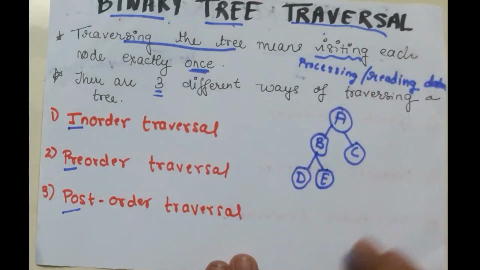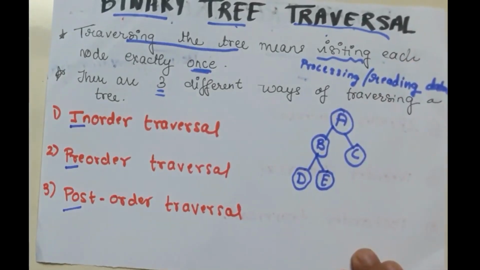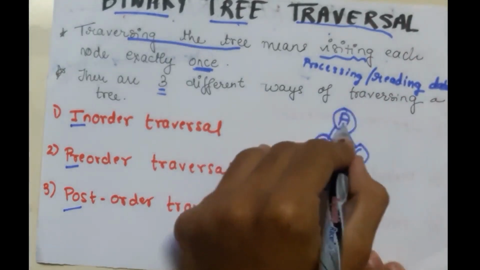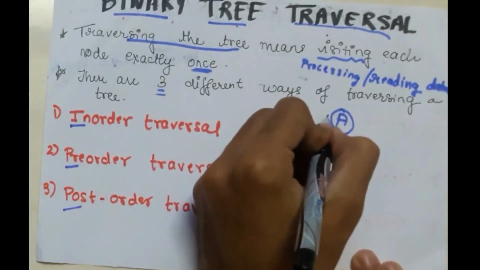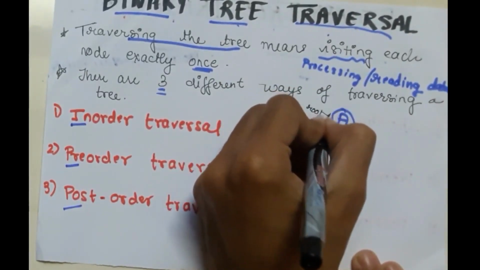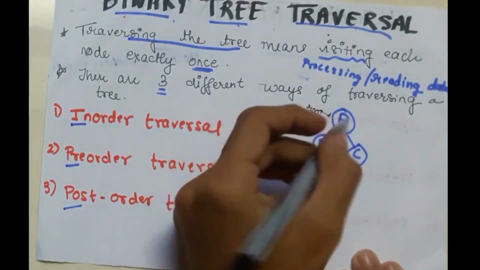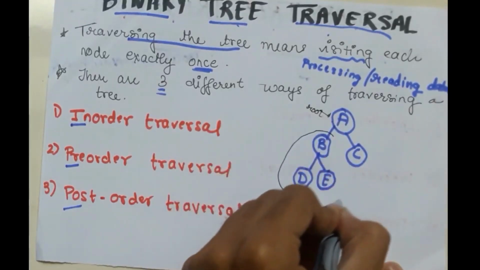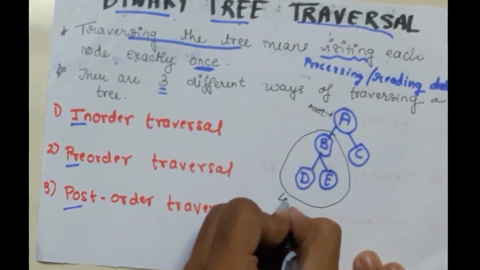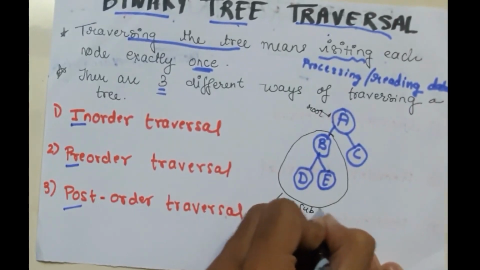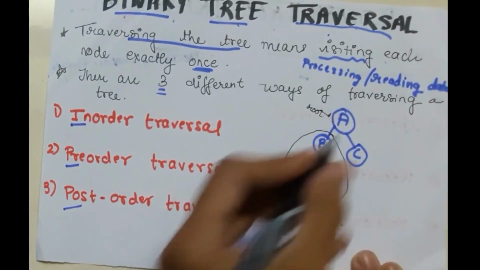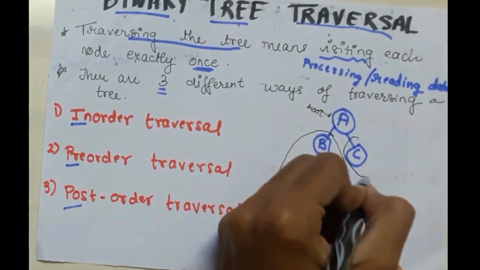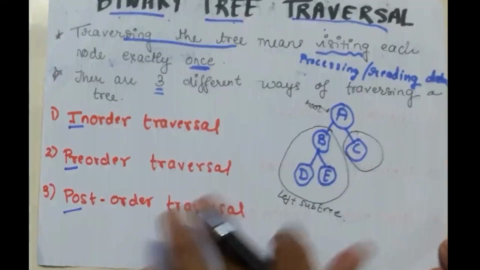Now a tree consists of three parts. What are those? First part is the root node. Root. The second part is the left subtree. Left subtree. And the third part is the right subtree. Okay.